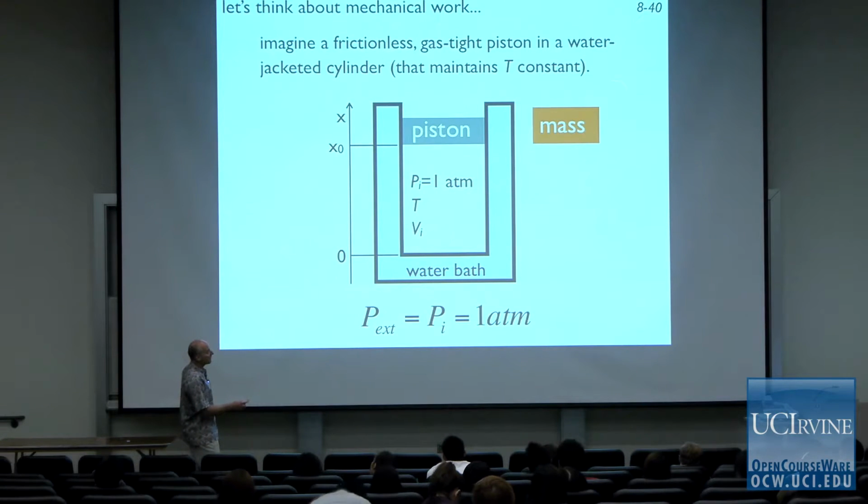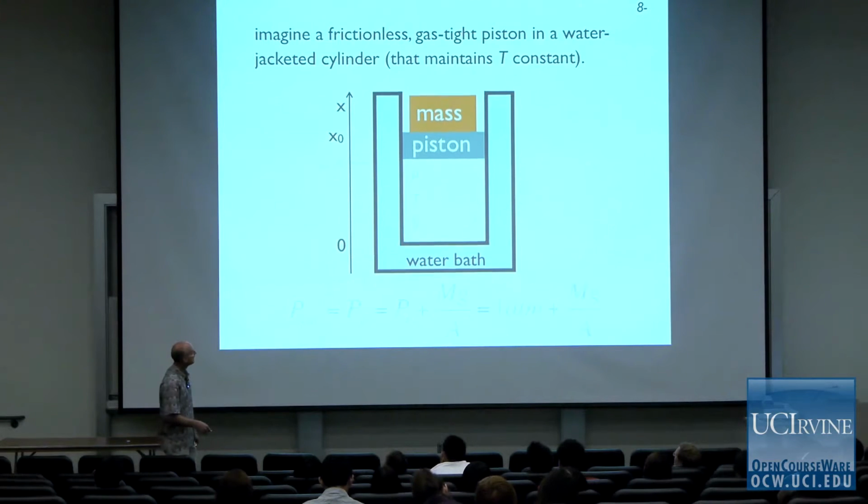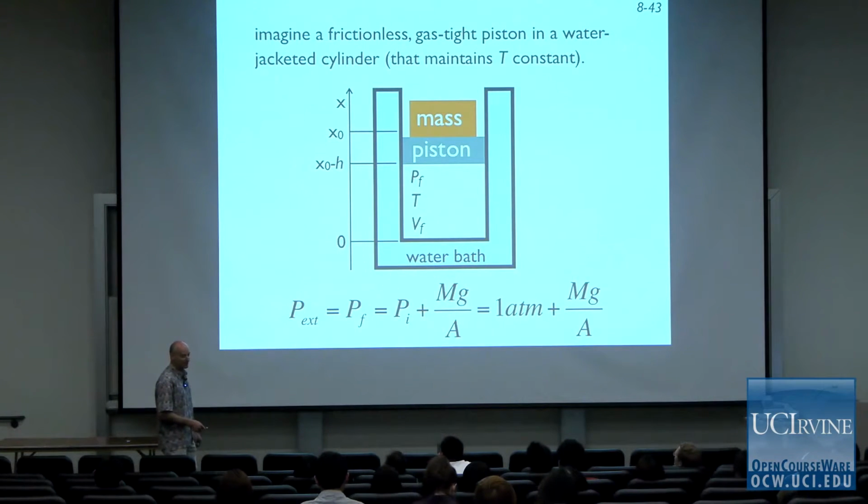Now, here's a mass over here. I'm going to move this mass over to the piston. What's going to happen? It's going to go down. Yes. Isn't that beautiful? Now we've got a final pressure and a final volume that are different from the initial pressure and the initial volume. Let's work through this.